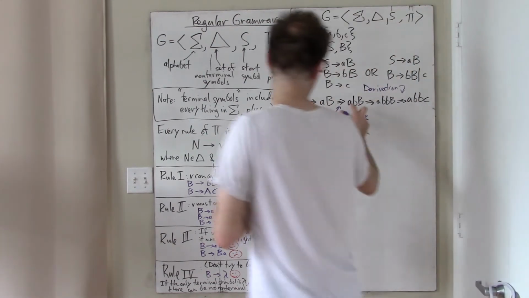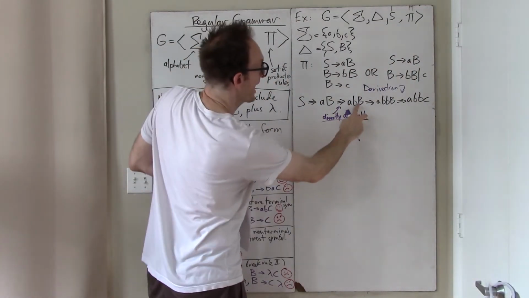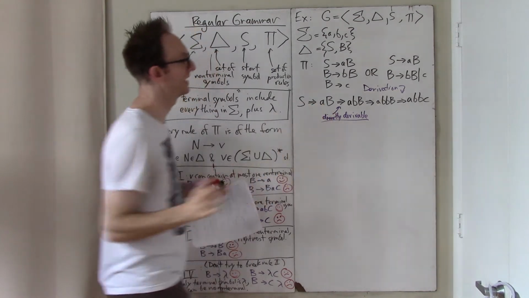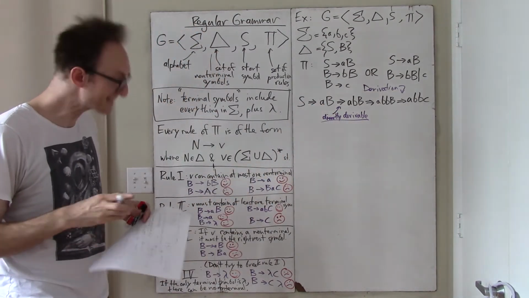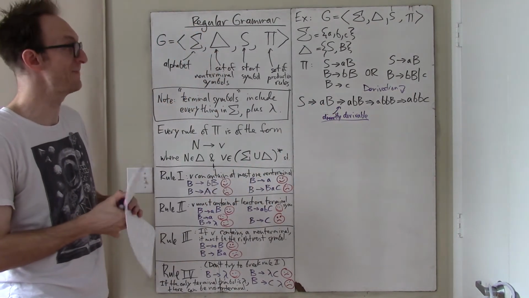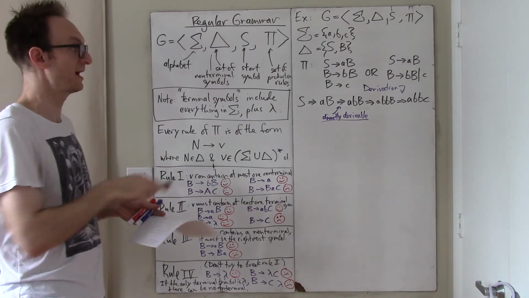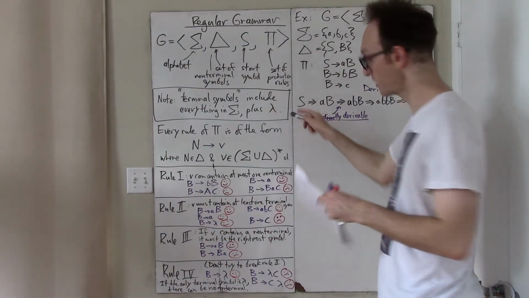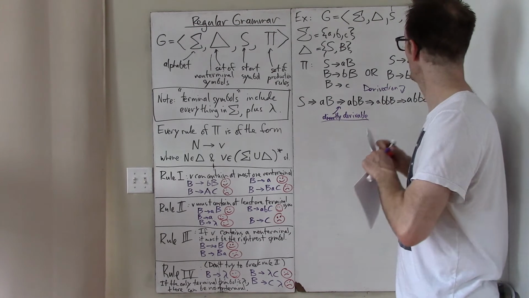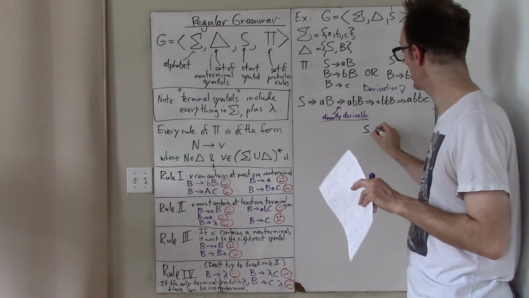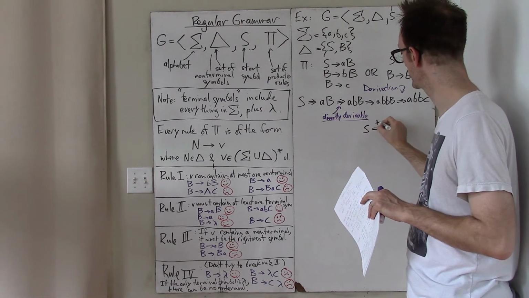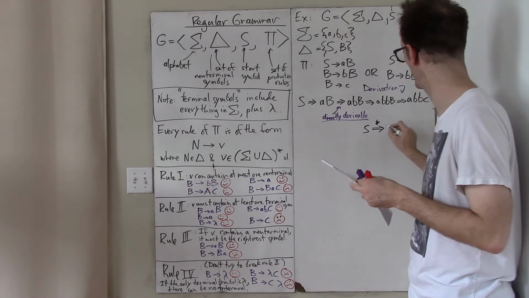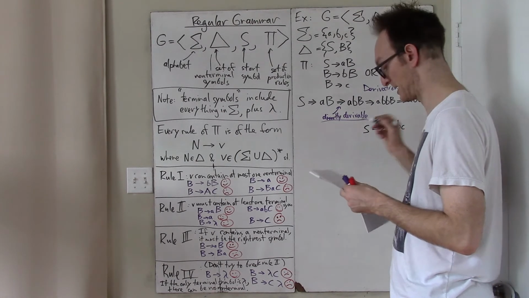And so we would say a, big B is directly derivable from a little b. And of course, if we can make the entire string a, b, b, c starting from the start symbol, then we say that S, and this is a new notation, we put a star on top here, derives a, b, b, c.